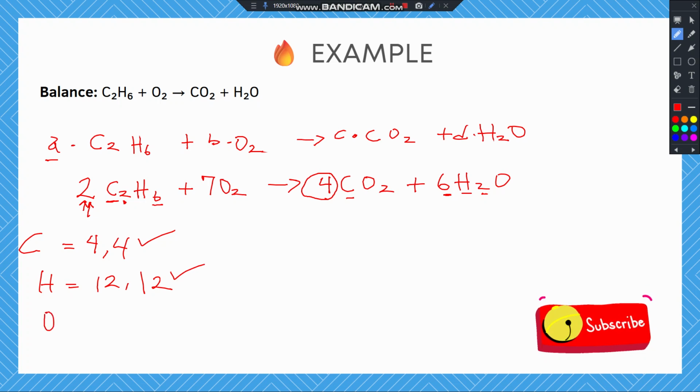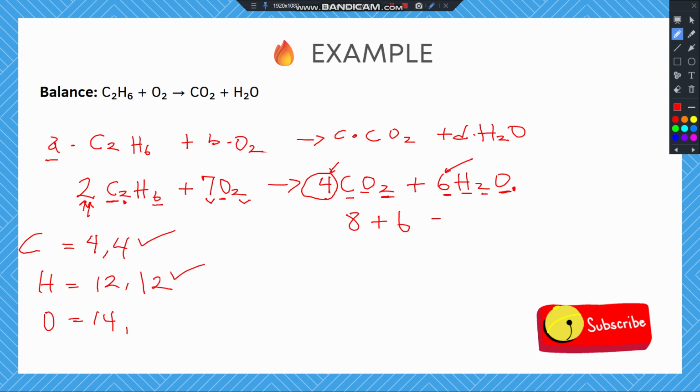The final element we have is oxygen. Oxygen is over here having a subscript of 2 and then a coefficient of 7. 2 multiplied by 7 gives us 14 atoms of oxygen. On the right hand side, oxygen is over here having a subscript of 2 and then having a coefficient of 4. 4 multiplied by 2 gives us 8, and then oxygen is over here as well having a subscript of 1, even though it is not identified, and a coefficient of 6. 6 times 1 gives us 6.